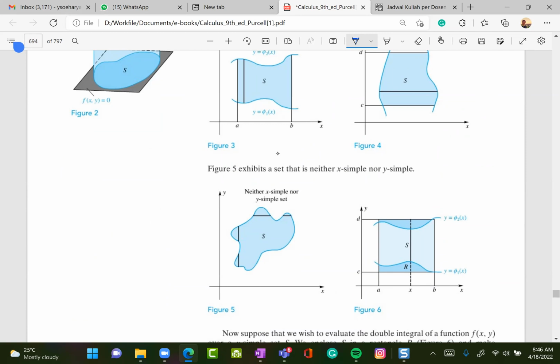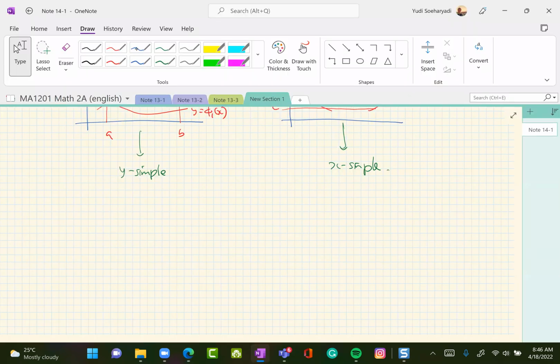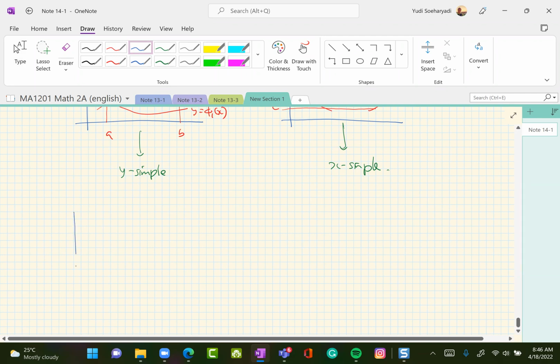Even this one is neither x simple nor y simple.